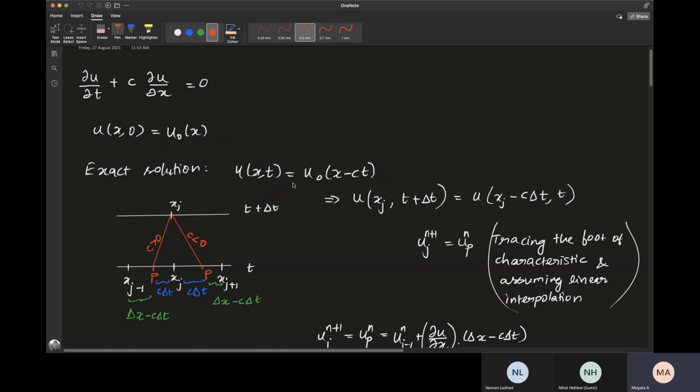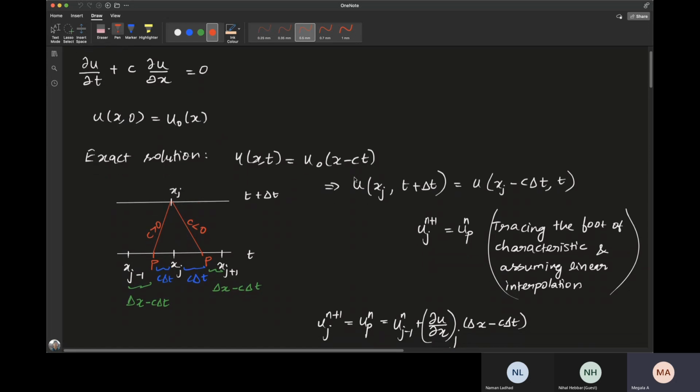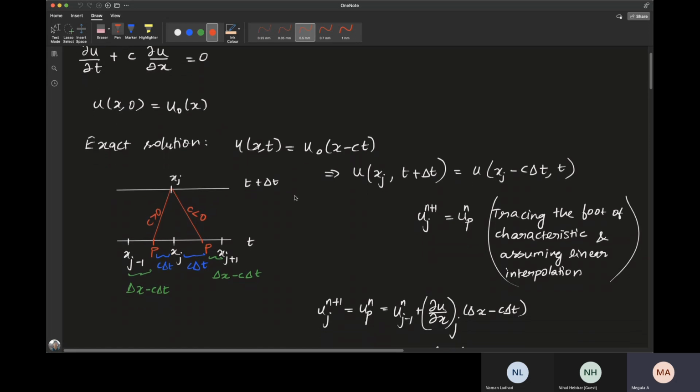So u of x comma t is equal to u naught of x minus ct. That is, you draw characteristics and you trace the foot of the characteristic. Foot of the characteristic means, you have the xt plane and you have some characteristic.